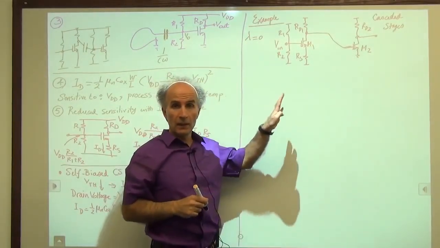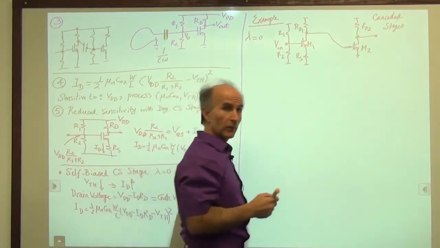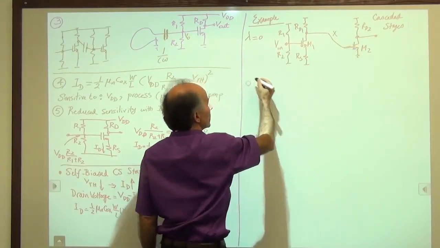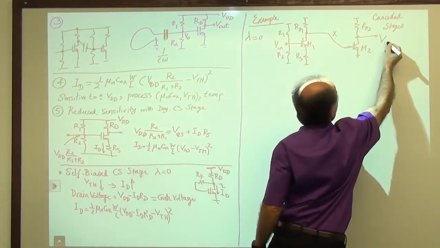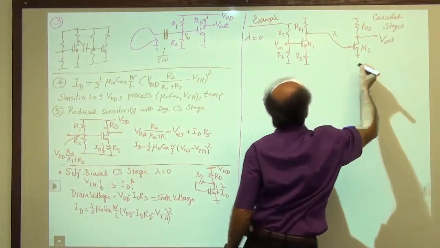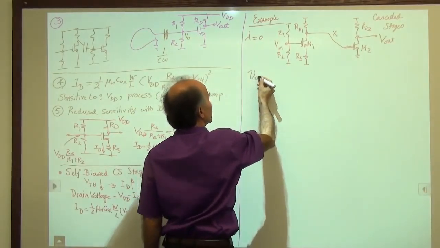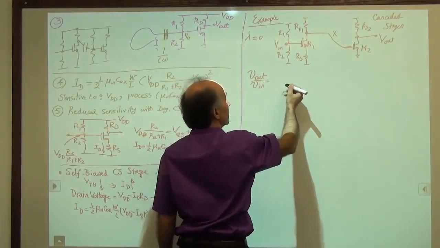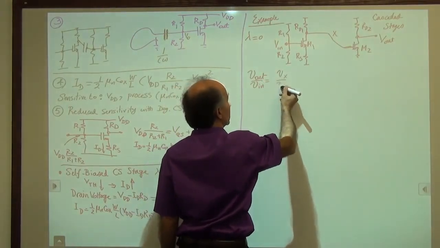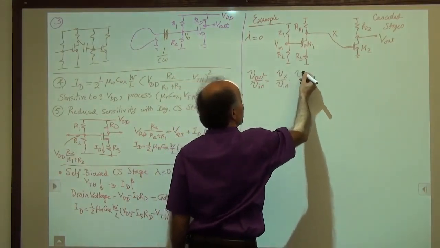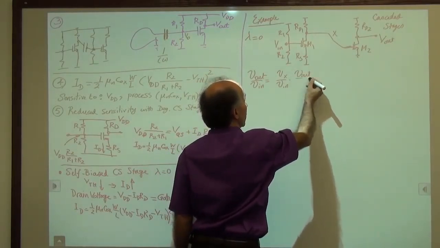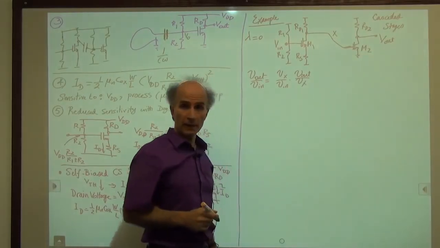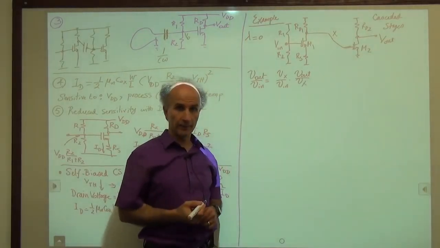So in these cascaded structures, the way we do it is that we call this node X, and as usual, if we are interested in Vout over Vin, we say Vout over Vin is equal to Vx over Vin times Vout over Vx. And then we go ahead and find each of these separately, and then we multiply them.